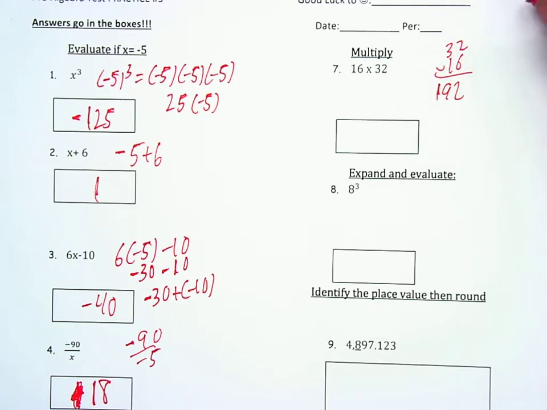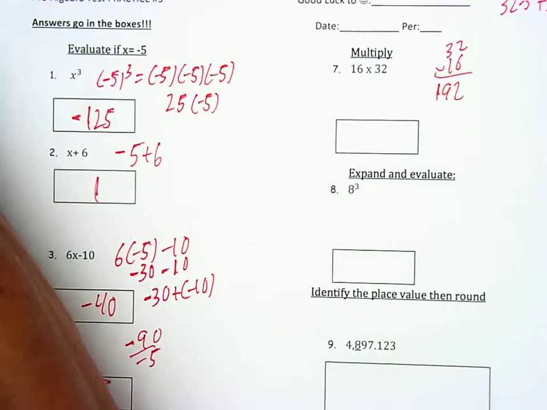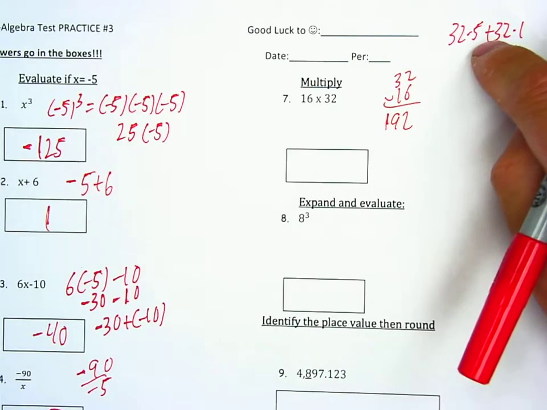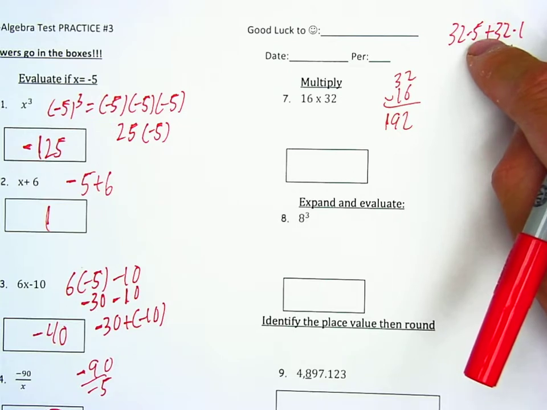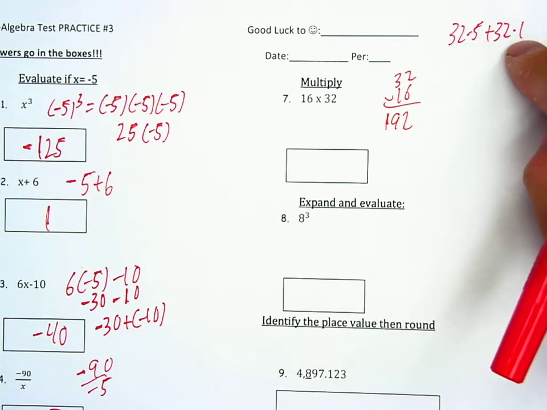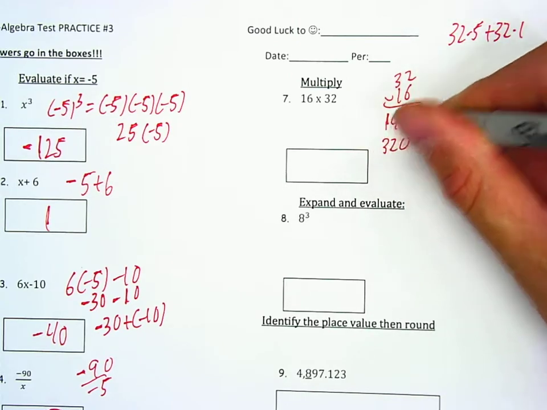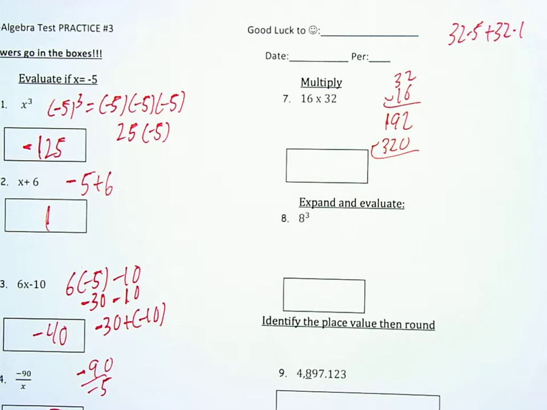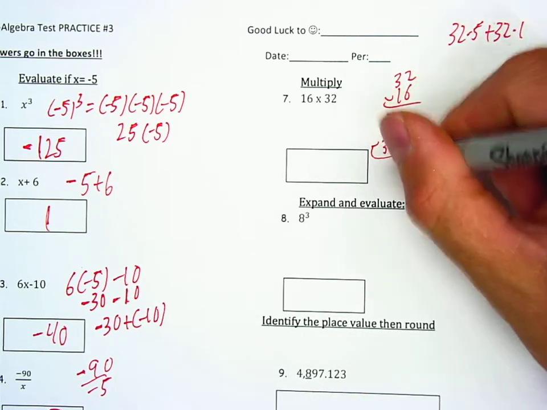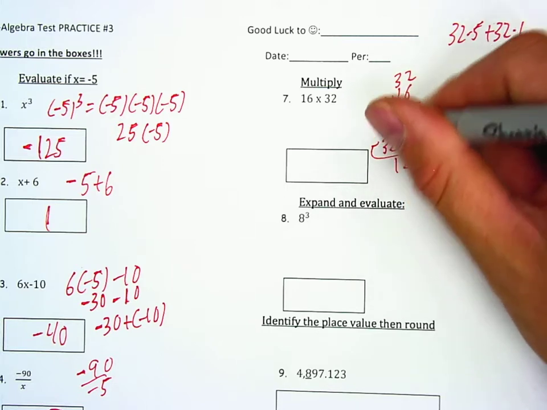Again, that 6 times 32, I could break it down as 32 times 5 plus 32 times 1, if I wanted to get that 6 times 32. And 32 times 5 would be, well, 32 times 10 would be 320, so 32 times 5 would be 160, and 32 times 1 would be another 32, so that's 192, like we were saying right there. We're going to add 320 to it to get my finished answer. So 192 plus 320, we got 2, we got 1, and then we got 5.